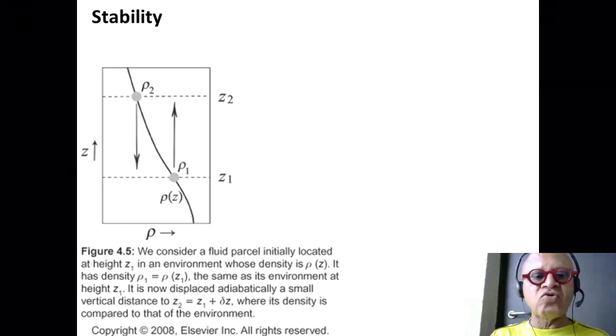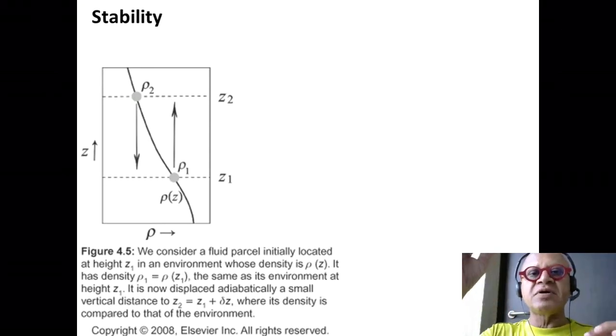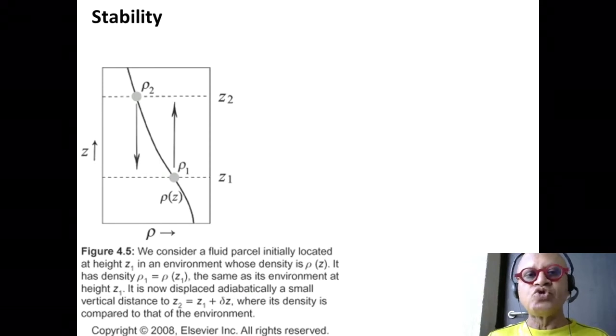So let's now go into a fluid parcel that has got a vertical profile of density like this. Obviously heavier density at the bottom and lighter density at the top. And let's take two fluid parcels and displace them from their position to new positions.